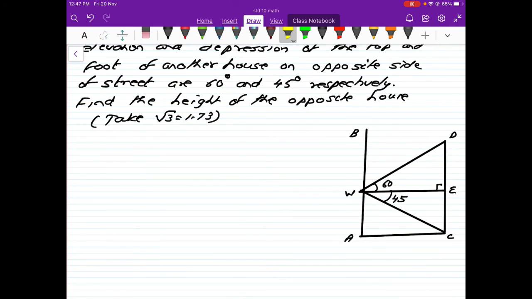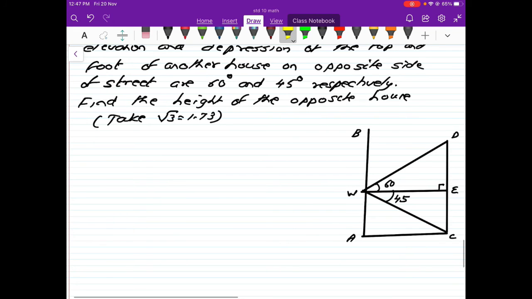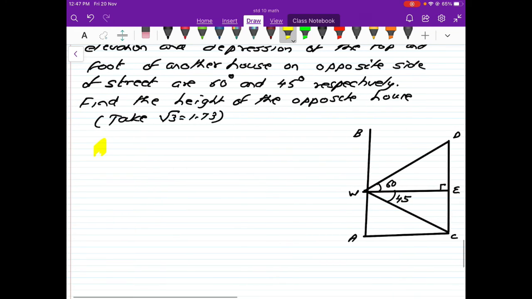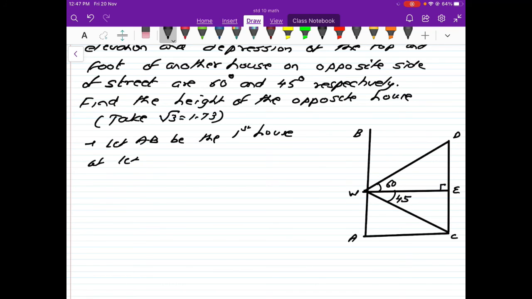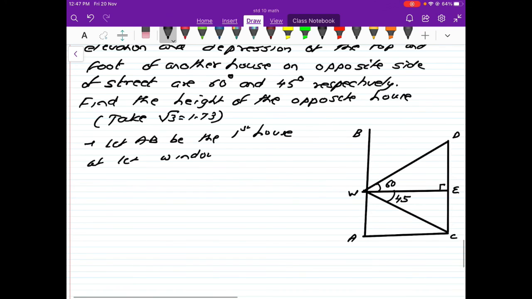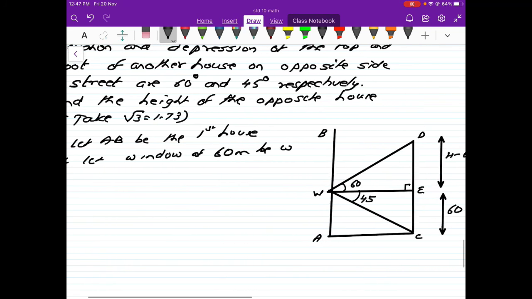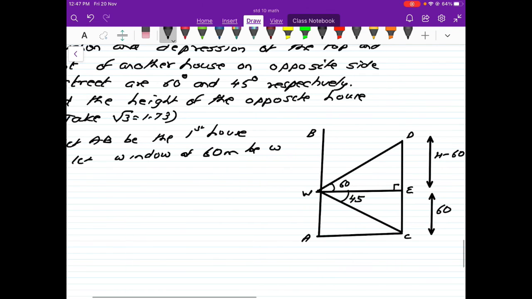Now if we just see this figure, we will start writing. Let AB be the first house, and let the window at 60 meters be W. Now if you see, AW is 60 meters, so opposite also EC is 60 meters.